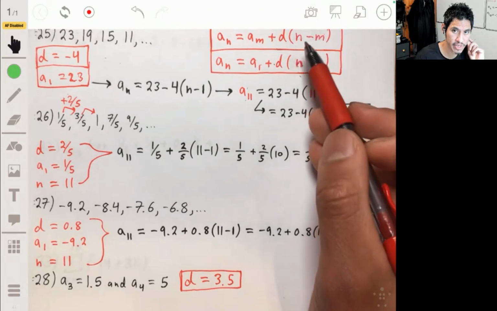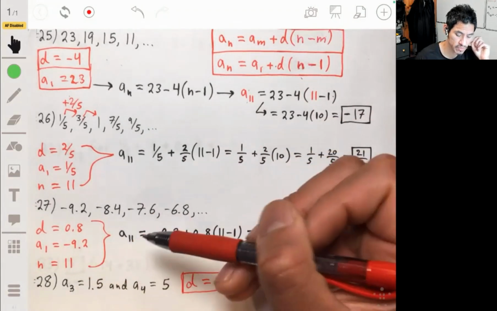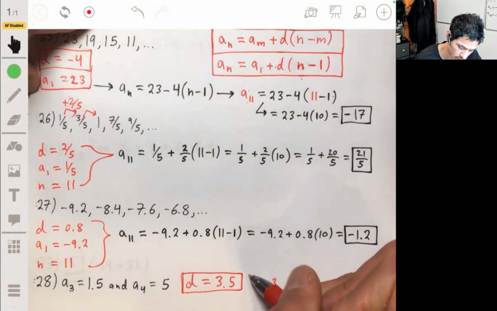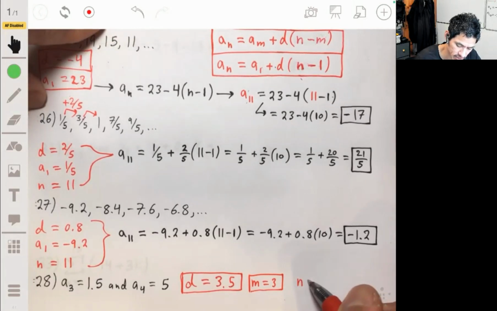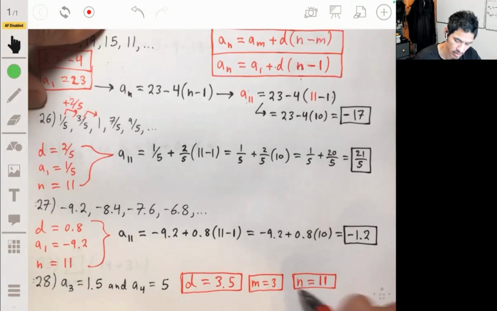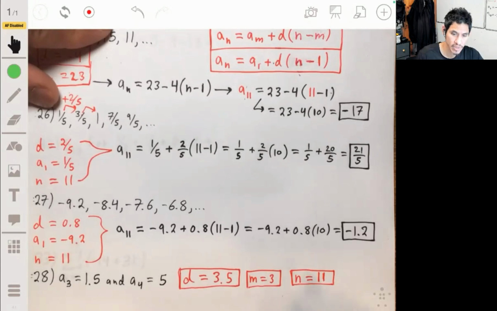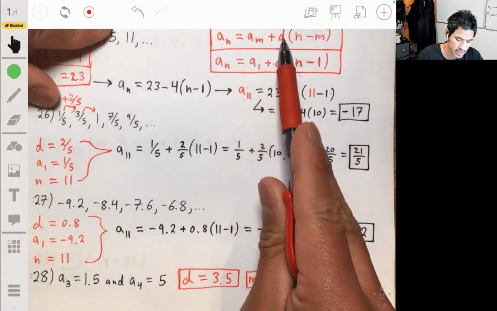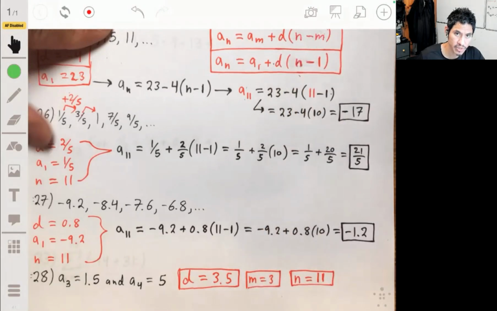Let's just make m equal to either 3 or 4. We'll just make m equal to 3. Our n is still going to be 11 because that's what we're trying to find. Then from here, we're going to have A11 be equal to A3 plus 3.5 times 11 minus 3.